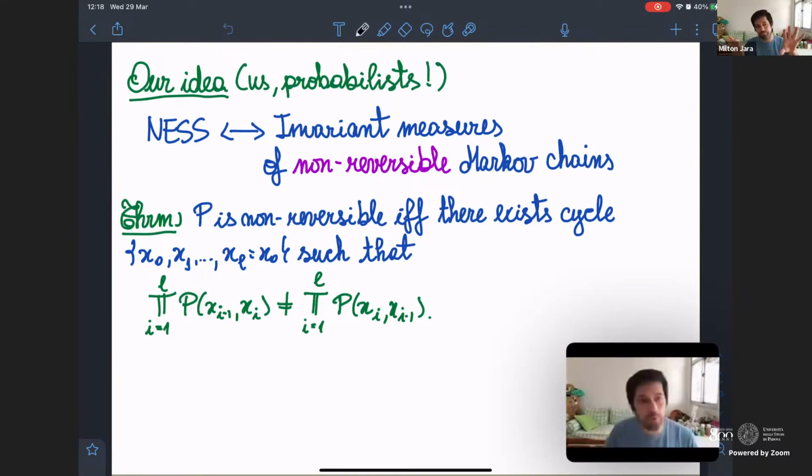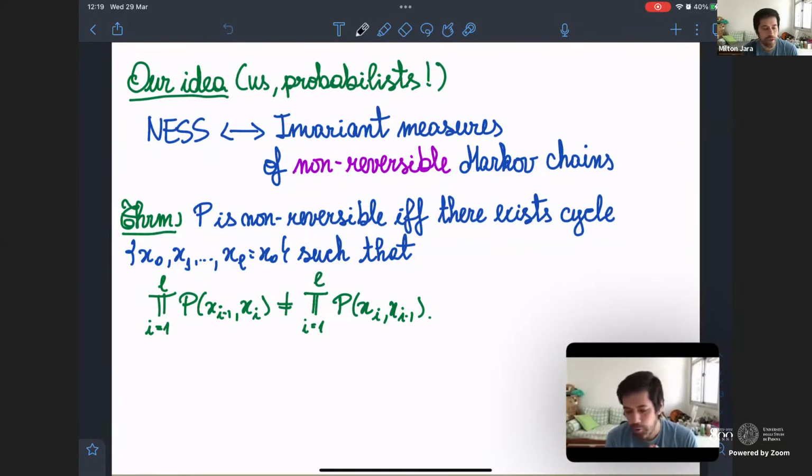So now, my initial goal was to study this non-equilibrium stationary state that appears in real life, and now I'm translating this question into a mathematically sound question, which is the study of the invariant measures of non-reversible Markov chains.